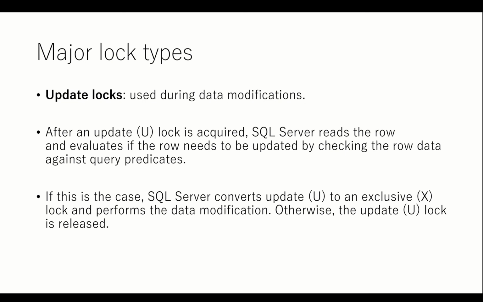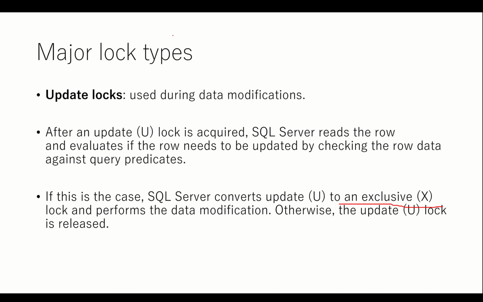If so, SQL Server converts the update lock to an exclusive lock and performs the data modifications. Otherwise, the update lock is just released. If the row cannot be changed, it is just released.